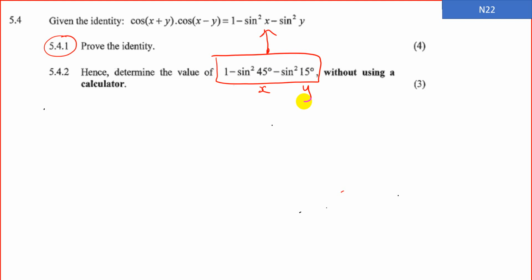So they're actually giving us the x and the y value, which we're going to place into the left-hand side to assist us. And if we do that, we're going to get cos of (x + y).